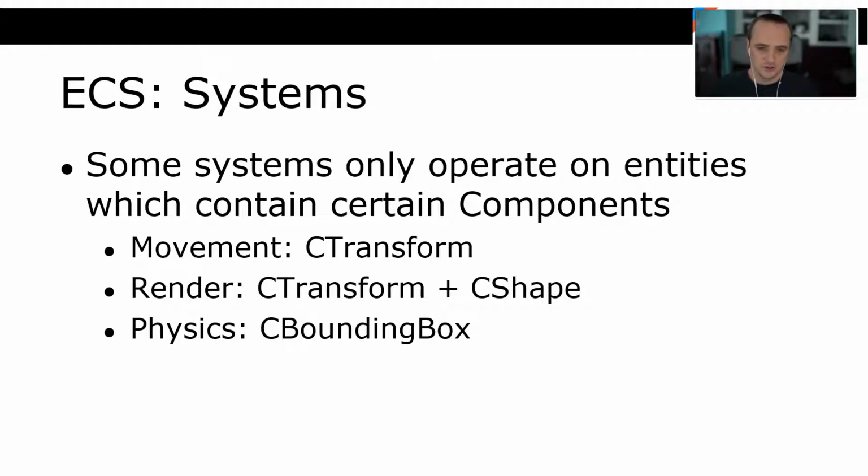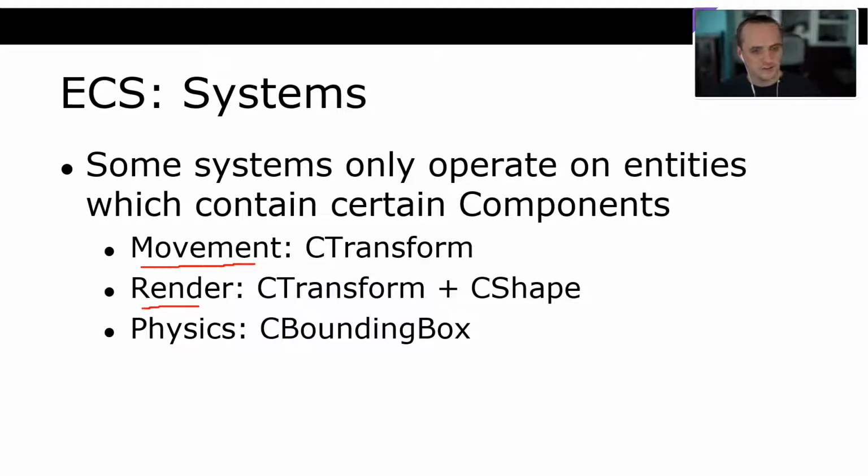Some systems only operate on entities which contain certain components. Not every single entity in our game is going to have the same logic applied to it. In fact, some logic definitely shouldn't be applied to some entities. So for example, the movement system will only operate on entities which have transforms. Now it turns out most of the entities will have transforms.